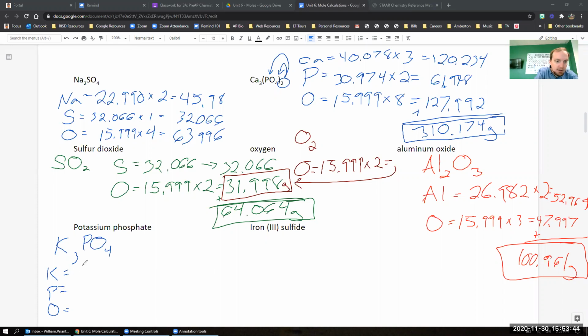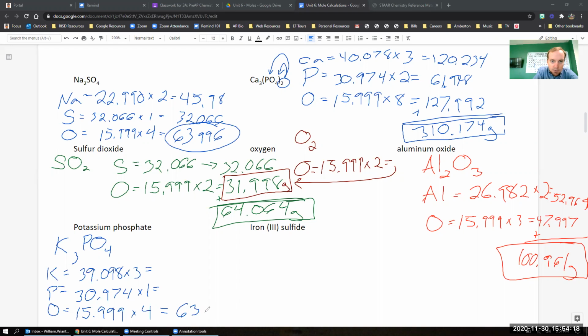Potassium, again, is 39.098. There are 3 of those. Phosphorus, again, is 30.974. There is just 1 of those. And oxygen is 15.999 times 4. Didn't we do that one already? Yes, we did. It is 63.996.